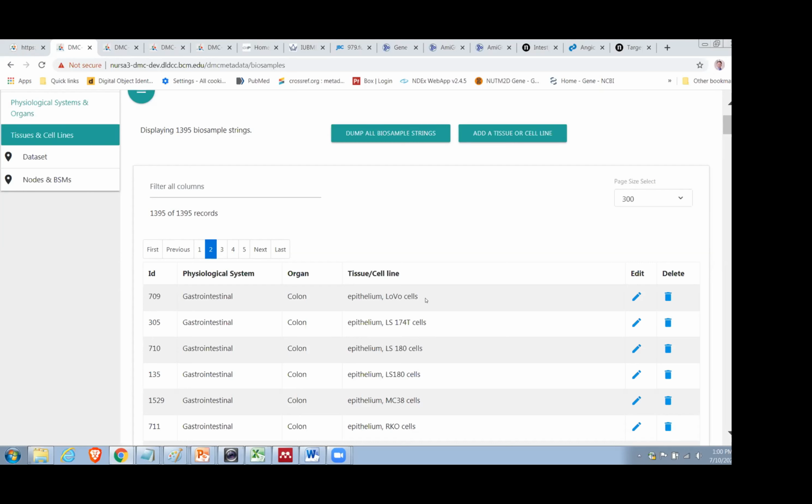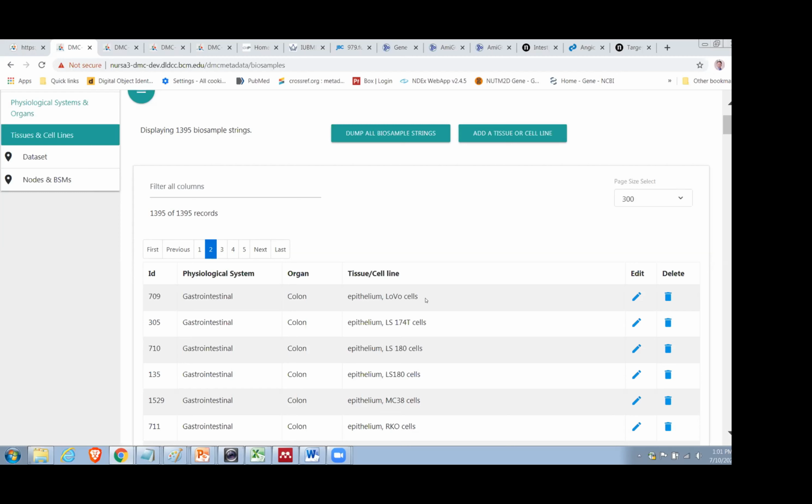That brings us back to the idea of interoperability, because I'm not going to discuss it here, but everything that you see within SPP is available through our API, which allows for automated interactions with other resources.